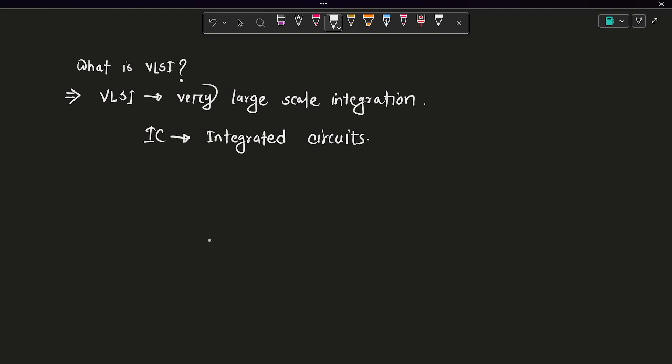This is the core concept of VLSI, very large scale integration. What does it mean? Suppose I have my computer, which consists of an Intel i7 processor. So let's say this is the processor that is integrated in my computer. Okay. So we all have seen processors. We all use processors in our mobile phones or in our computers, right?